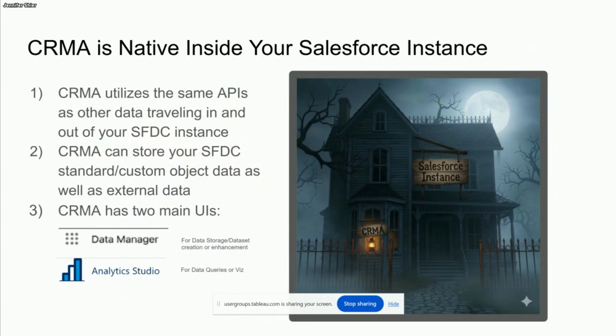Where sometimes our orgs function like a haunted house. It's a little scary in there, right? CRMA has a room inside your instance, just like everything else does. So any data that's going in and out of Salesforce or in and out of CRMA is using the same door to get in, or doors, so to speak.